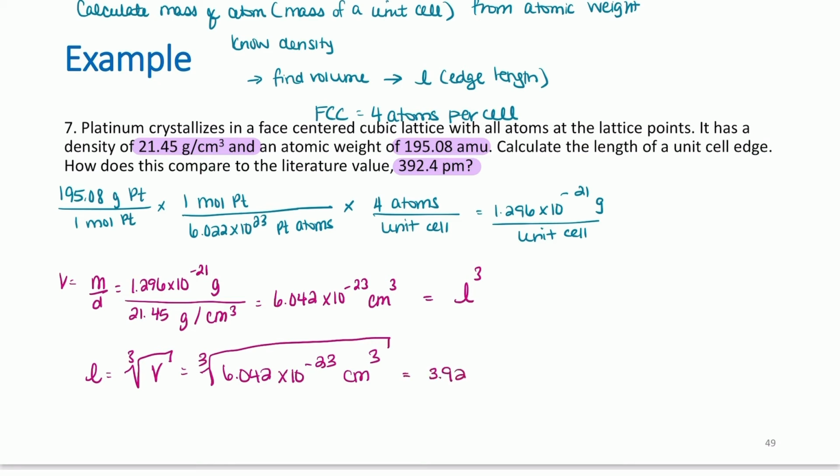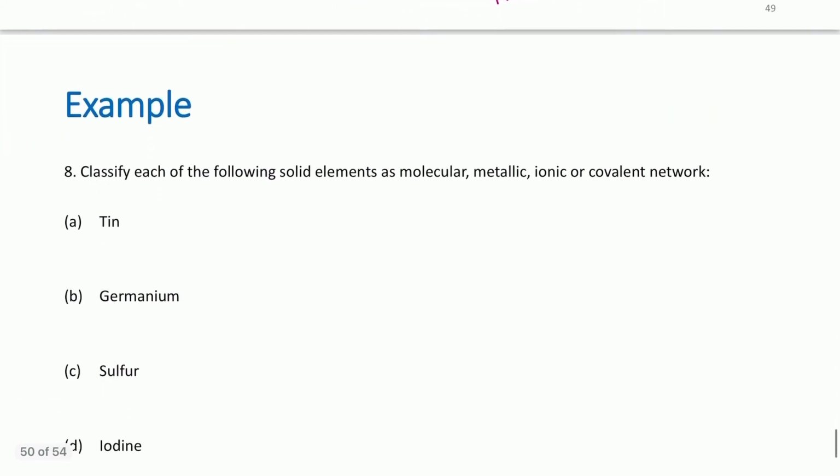This gives me 3.924 times 10 to the minus 8th centimeters, which I can say is 392.4 picometer, 3.924 times 10 to the minus 10th meters, angstrom, etc. But how does that compare? Perfect, right? You just confirmed the literature value of the edge length of a platinum atom specifically.